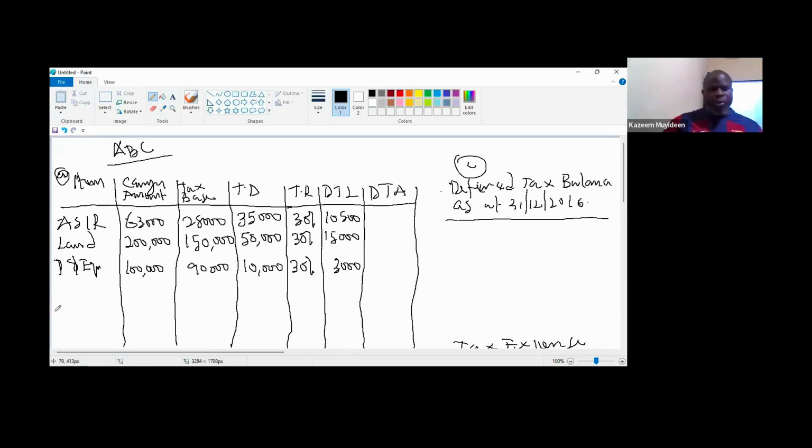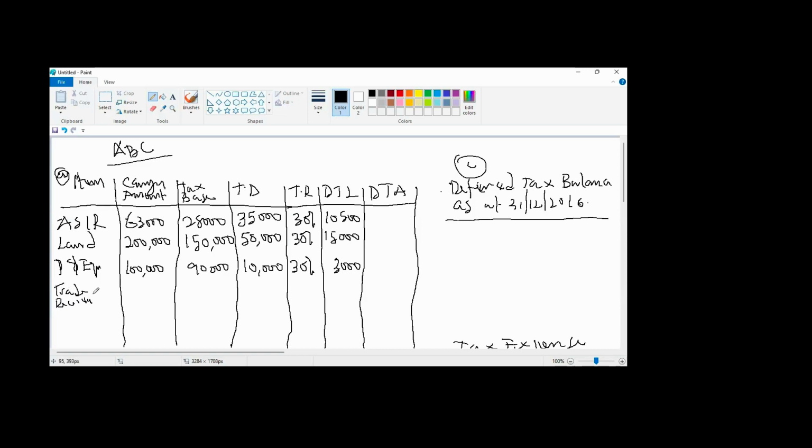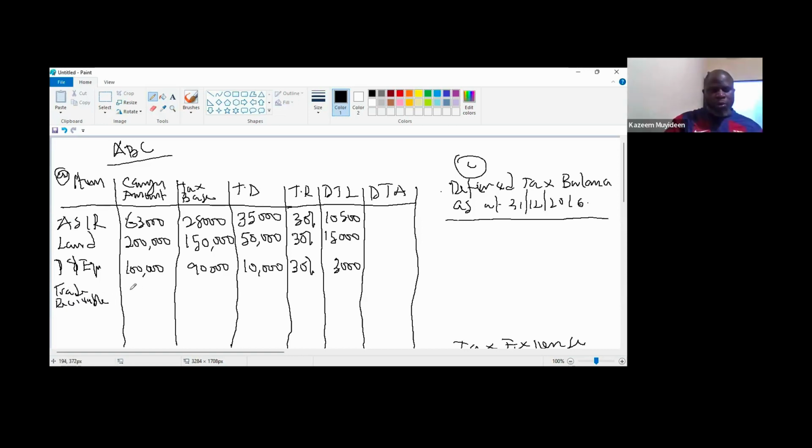Trade receivable. They give me the current amount of trade receivable, 73,000. Now, no tax base is given, but there is a note for the tax base, which is note 4.